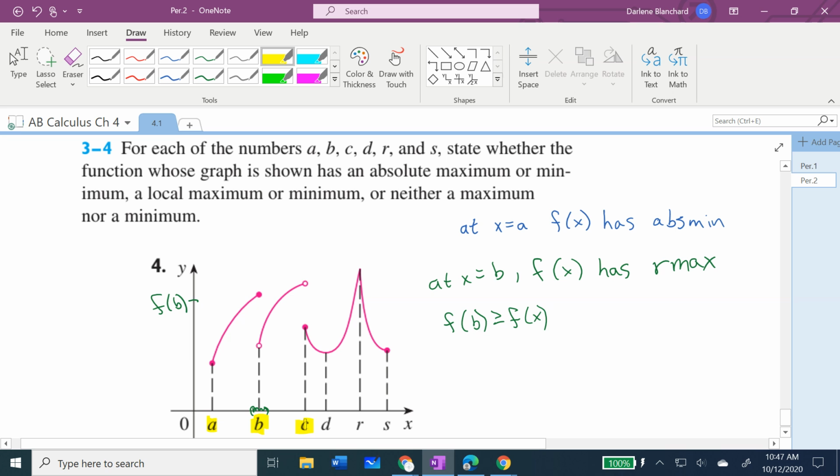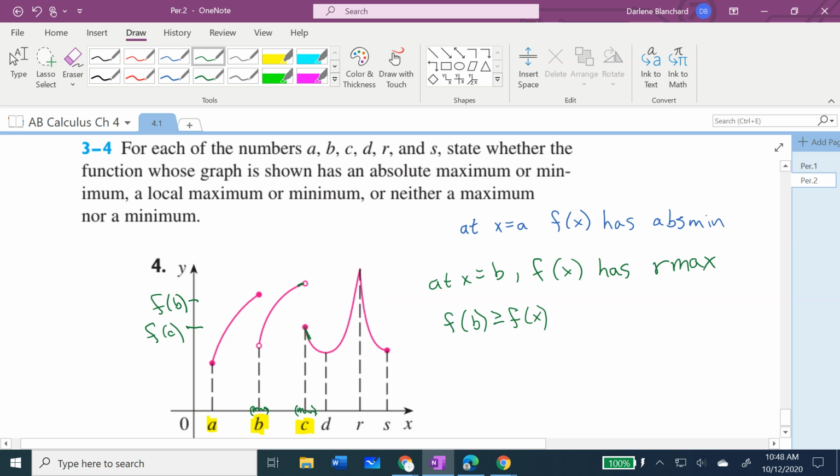Moving on to C. Look at where f of C actually is. Where is the filled in point? If I look a little to the left and right, and I look at those f of x values, can you see that it is not a relative extrema? And it's all about an issue of this is the point that's filled in, not this one.